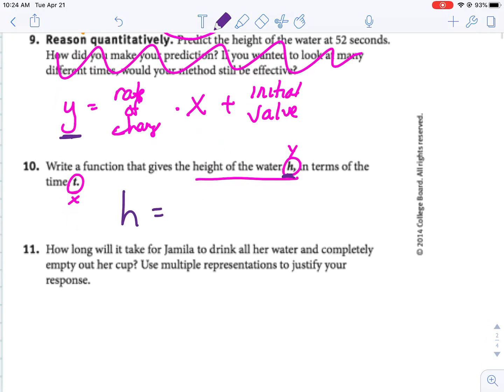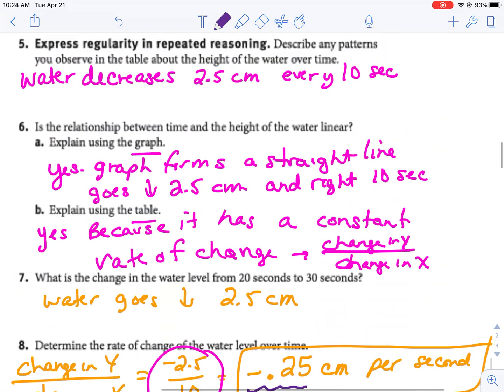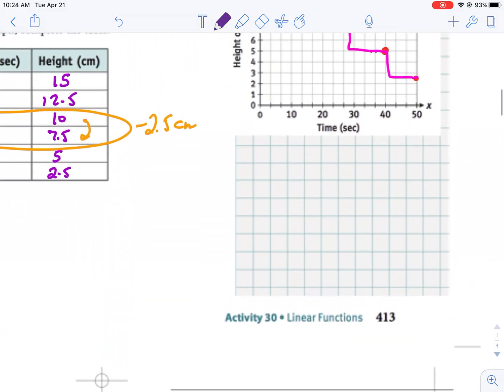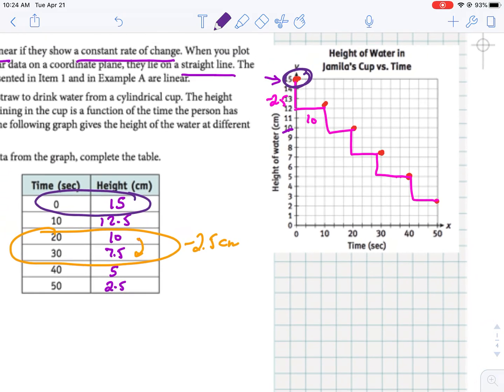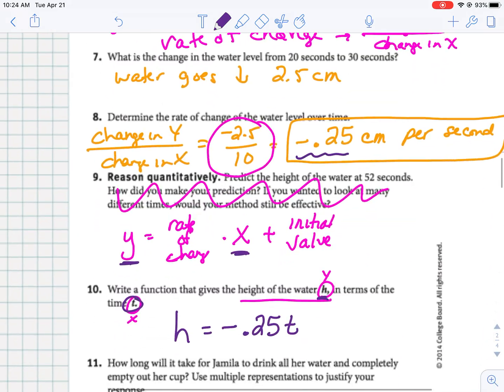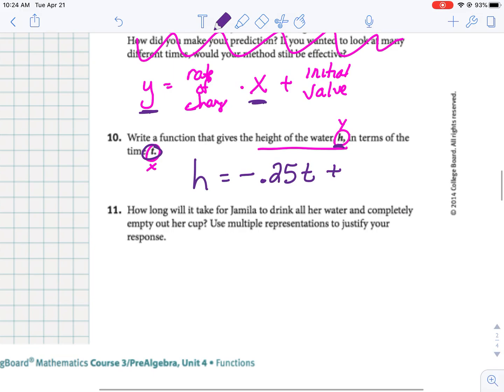It's negative 0.25, so negative 0.25. And instead of using x, they want us to use the letter t. And then our initial value, so if we go back to either the table or the graph, here we see that our initial value, our starting point, that y-intercept is 15, and we can see it from the graph too up at the top. Sorry about scrolling back and forth, but then we're going to add 15.